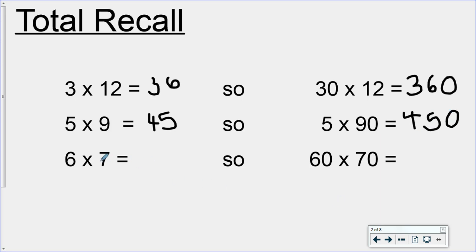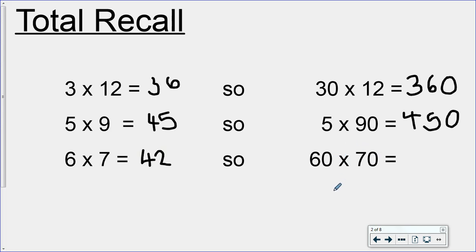And then finally 6 times 7. So I know 5 times 7 is 35. So to work out 6 times 7 I need to add another 7 on. So that's going to be 42. But this time both my 6 and my 7 have been multiplied by 10. So I've got 2 extra placeholders here.